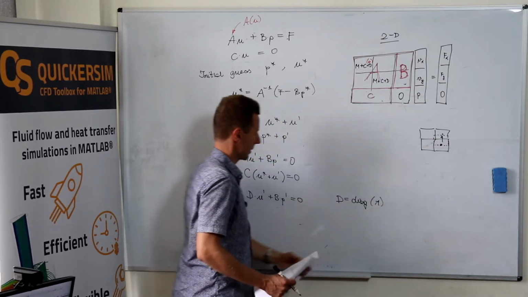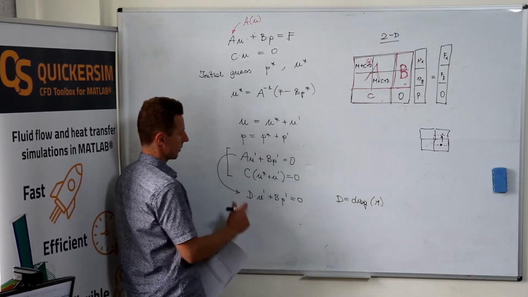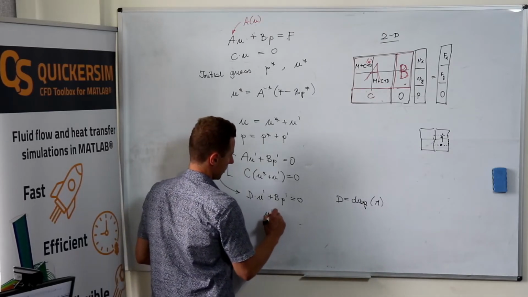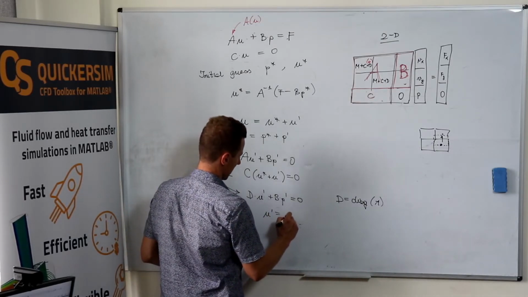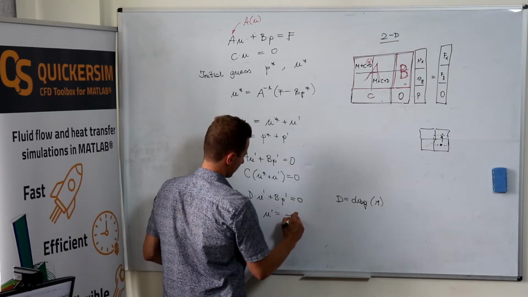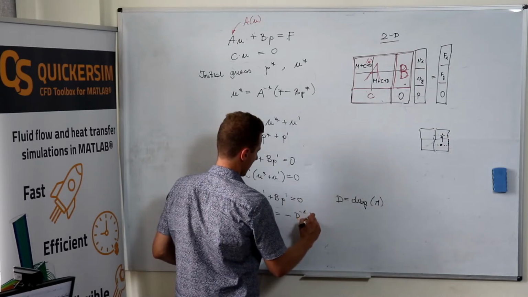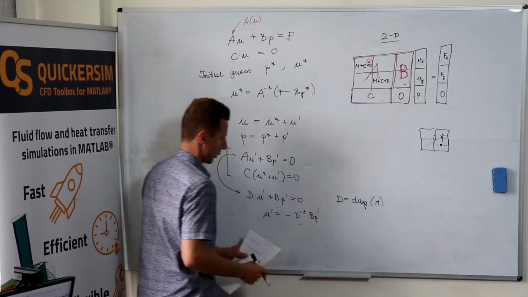Once this approximation is done, we can now say U prime is nothing else than minus D to the power of minus 1 B P prime.